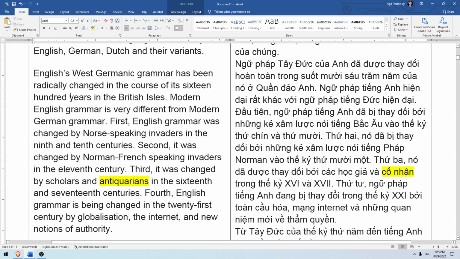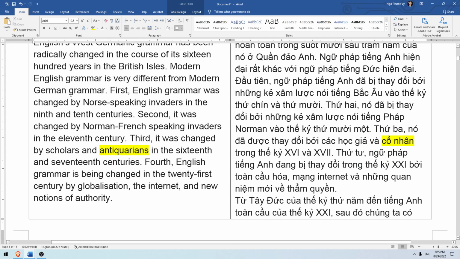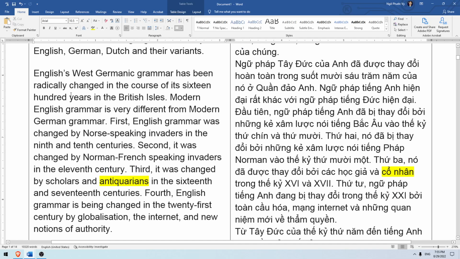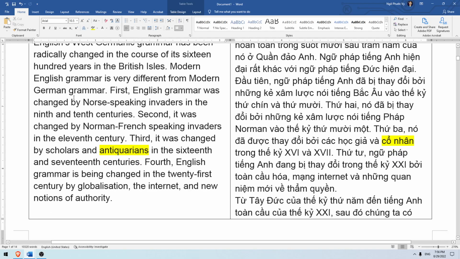English's West Germanic grammar has been radically changed in the course of its 1600 years in the British Isles. Modern English grammar is very different from modern German grammar. First, English grammar was changed by Norse-speaking invaders in the 9th and 10th centuries.